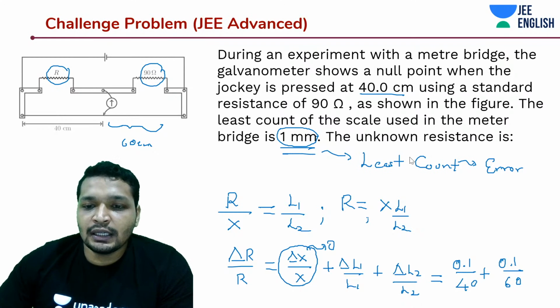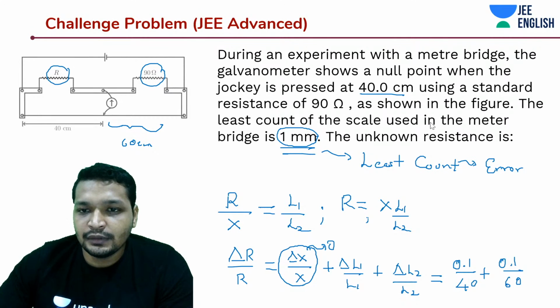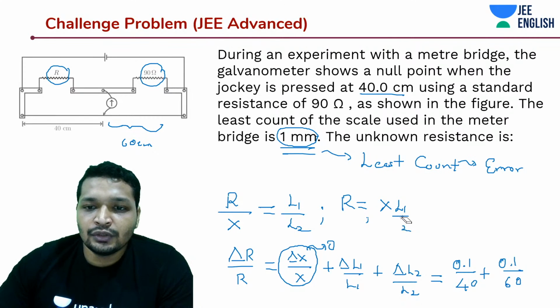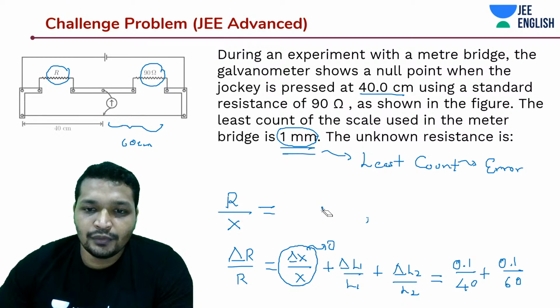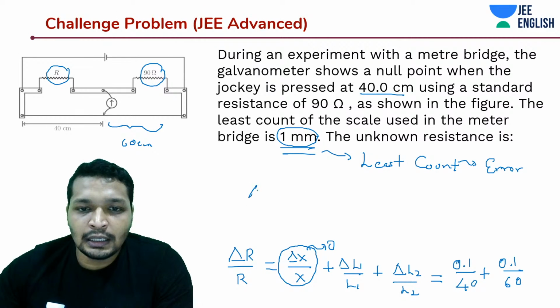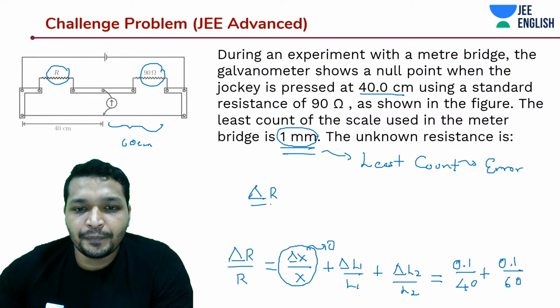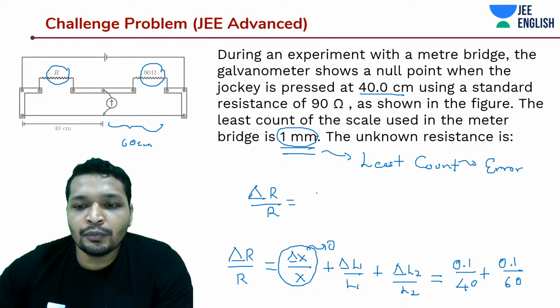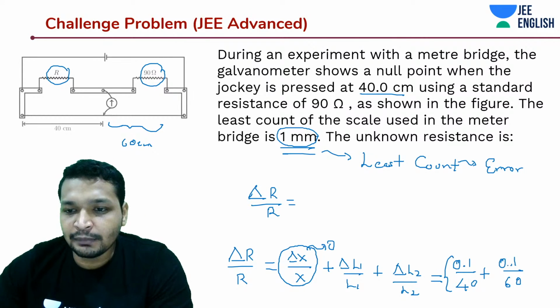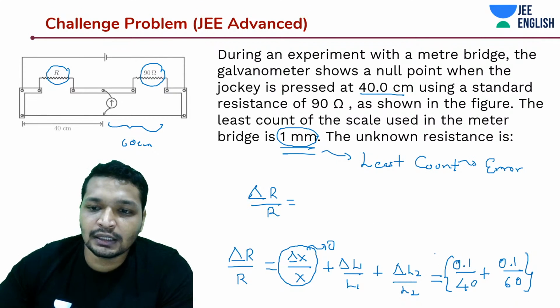Let's do a thing. Let's erase one of them and find out the value that we should be getting. Okay, so I'm just going to erase the one on the top. That means this should be delta R by R is equal to 0.1. So just add them both. If you add them both, it's going to be 4 plus 6.